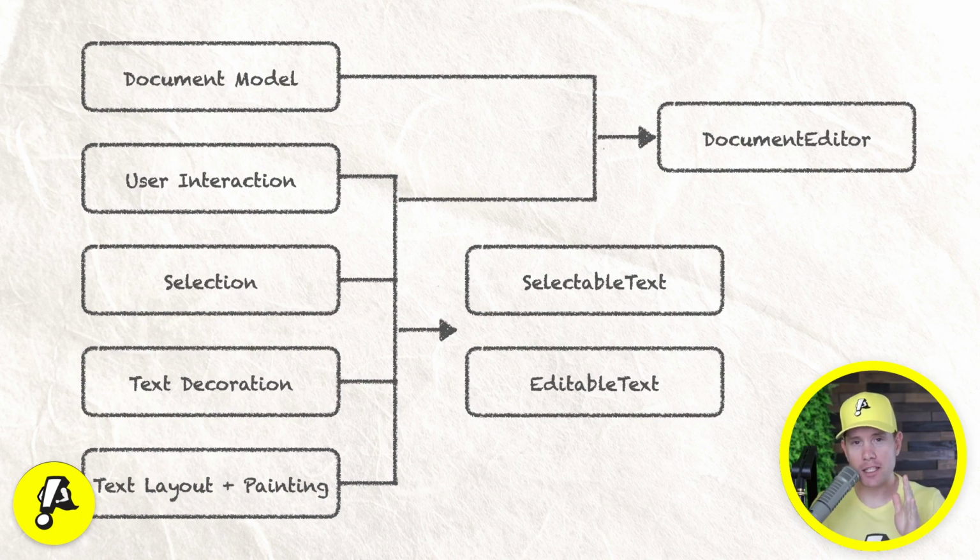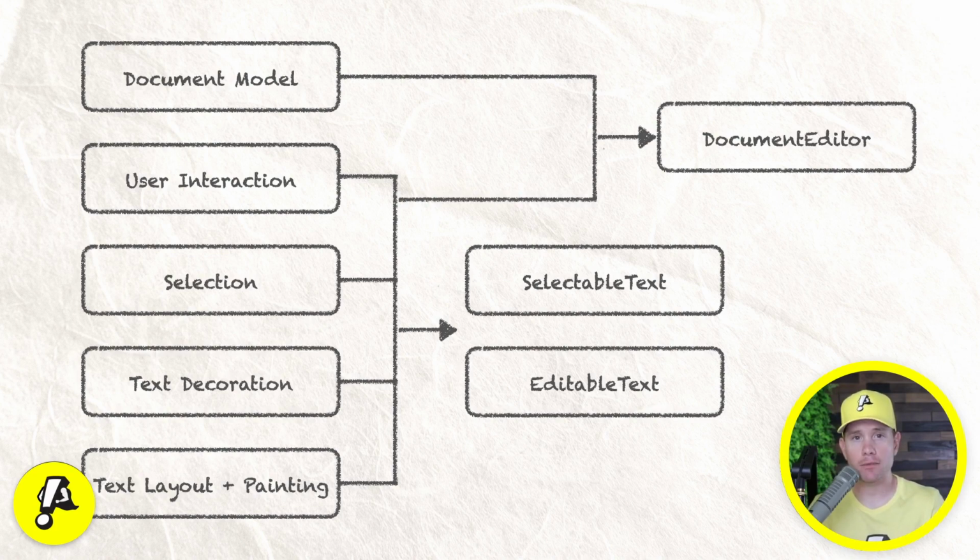But I mentioned this isn't just about text. Take those four responsibilities at the bottom, add the document model at the top. What is a document model? Well, again, if you have an image, headers, paragraphs, list items, in memory, in code, what is the structure of that information? What is your object that's holding those pieces of information?